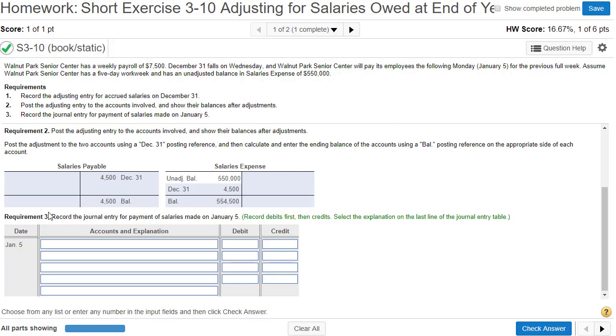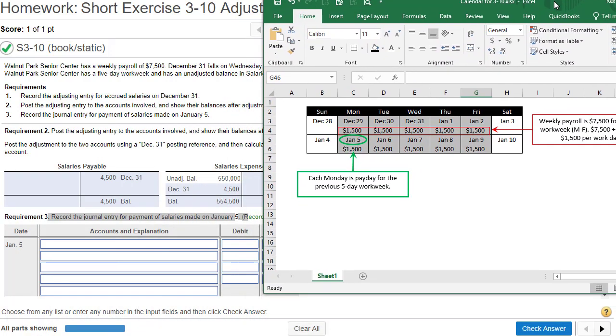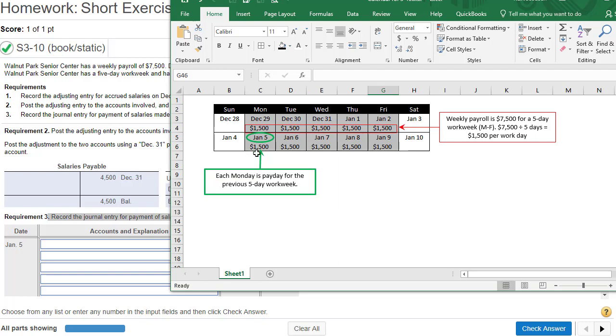Now record the journal entry for payment of salaries made on January 5th. So it is now January 5th. It's payday. How much cash are we going to pay on January 5th? Well, remember, each Monday is payday for the previous 5-day work week. So we're going to pay our employees $1,500 times 5, which is already calculated over here, $7,500.